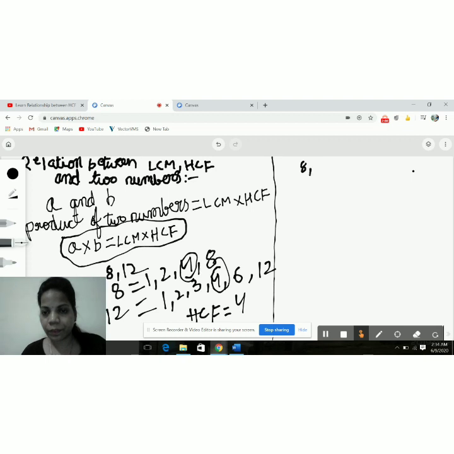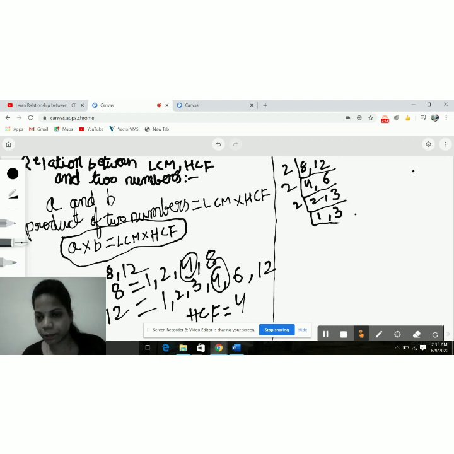8, 12. So we will find the LCM. I'm taking 2. 2 4s are 8. 2 6s are 12. 2 2s are 4. 2 3s are 6. 2 1s are 2. 3 here.